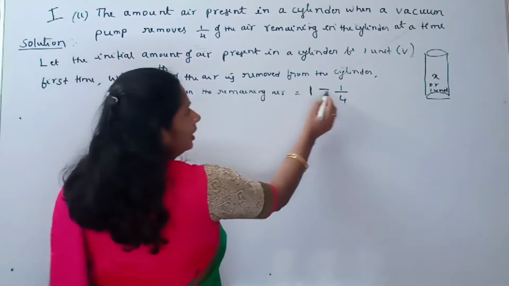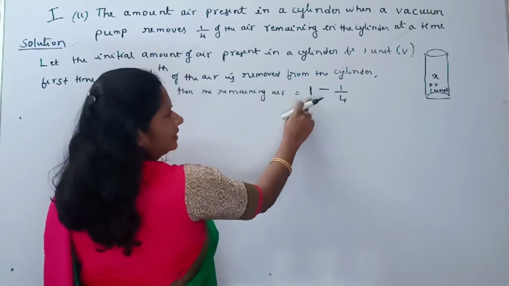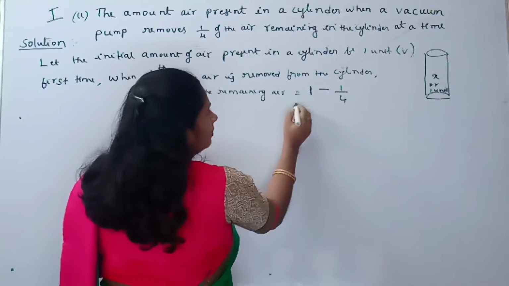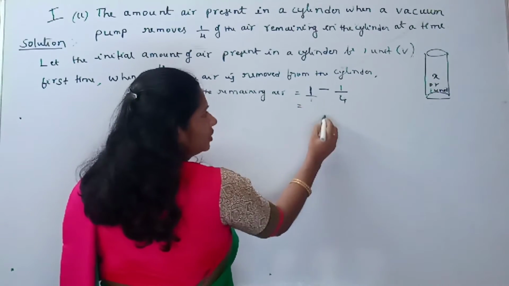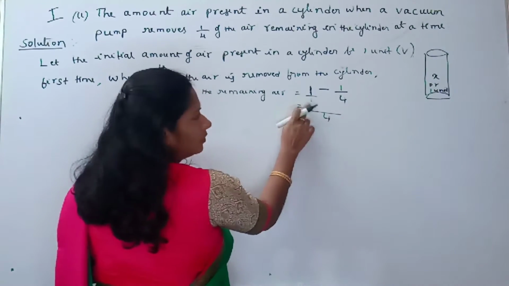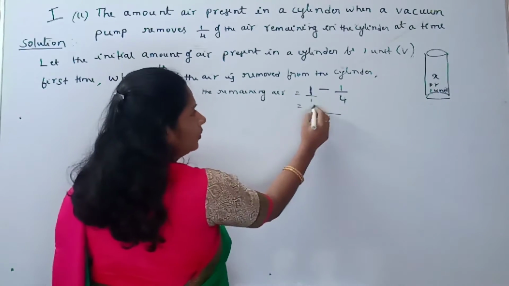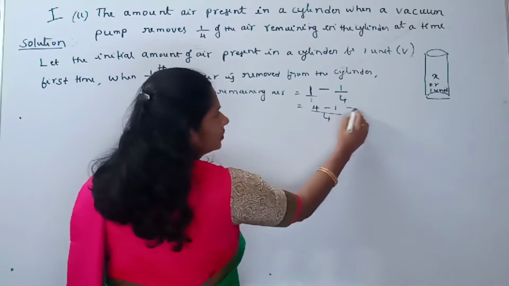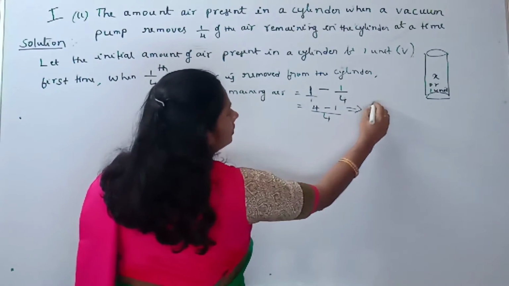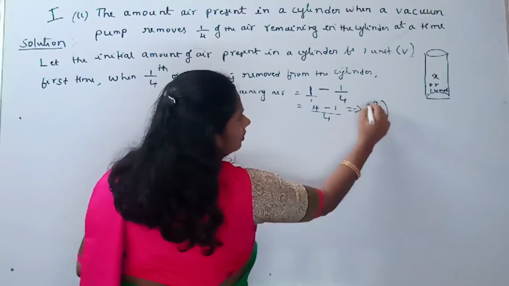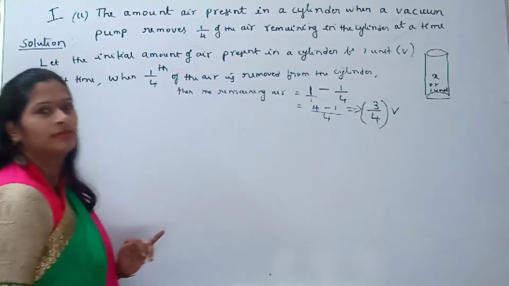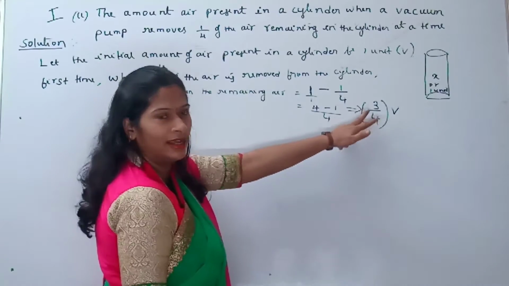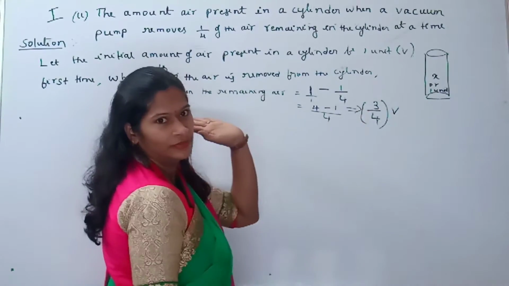So it is 1/4 of the air present in the cylinder, that is 1 minus 1/4. So equal to, take LCM, children. 4 is the LCM. 1 4s are 4, 4 minus 1 is 3, 1 1 is 1. So that implies how much it is? 3/4 of that unit. Got it? So what is the remaining air present in the cylinder now? 3/4 V. Is it clear?